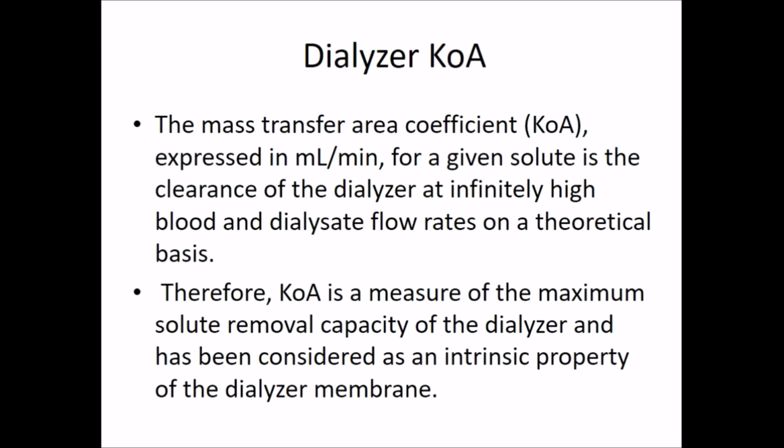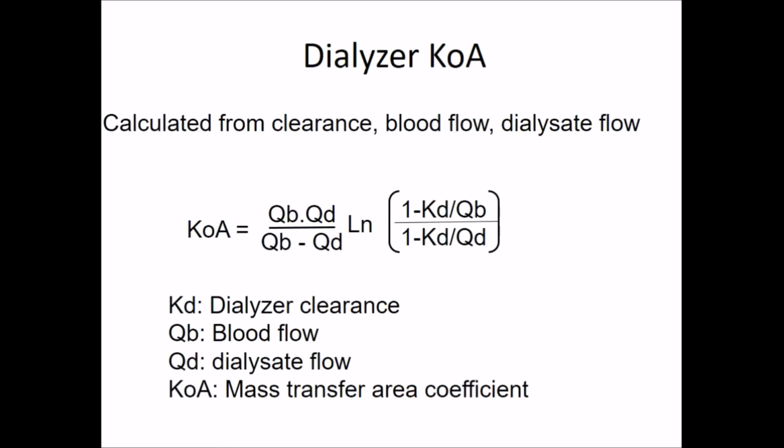Therefore, KoA is the measure of the maximum solute removal capacity of the dialyzer and has been considered an intrinsic property of the dialyzer membrane. It's calculated from the clearance value, the blood flow QB, and the dialysate flow QD. Ko is the diffusive permeability, while A refers to the surface area of the device.